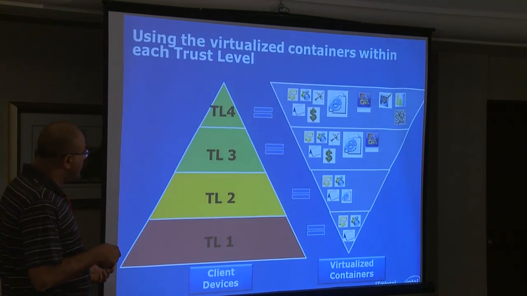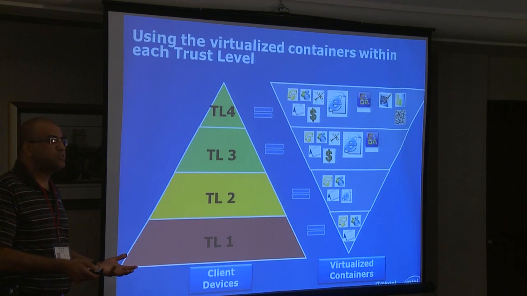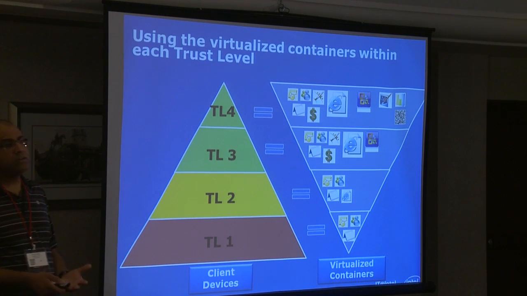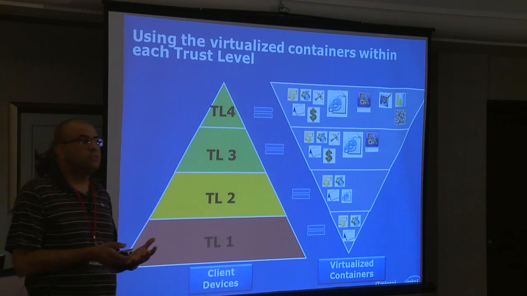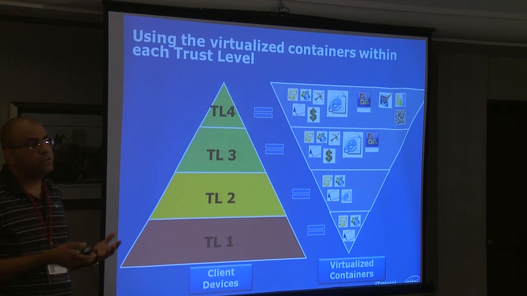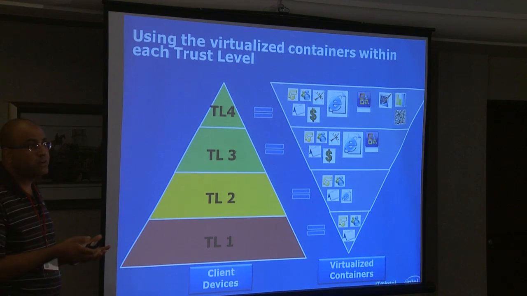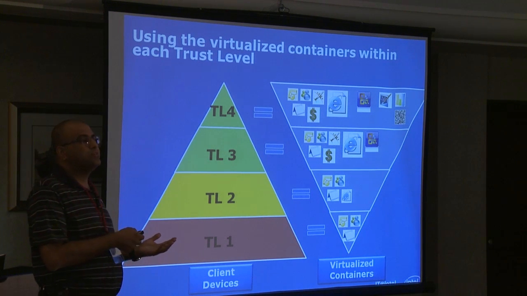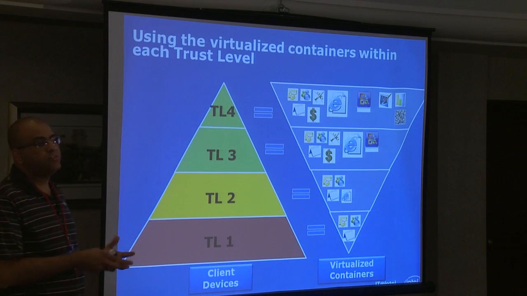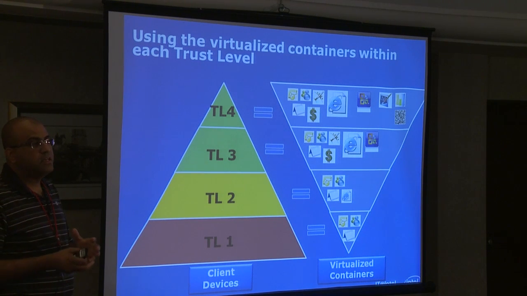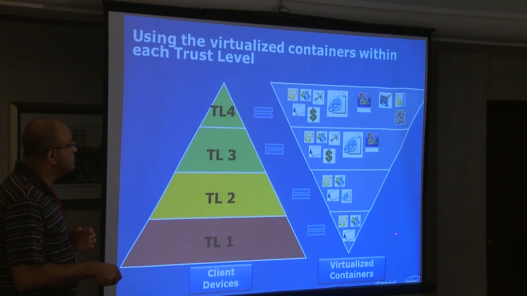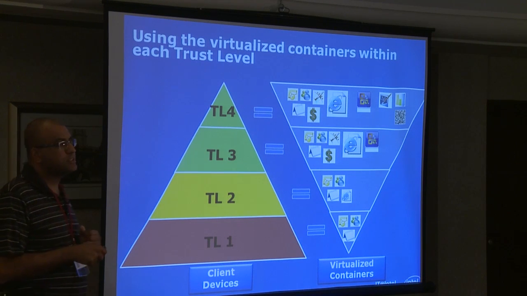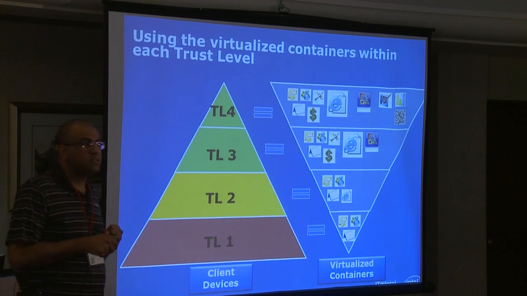And how does virtualization help in this trust level model? Because we have abstracted the layers, the different components of the virtual workspace, based on the dynamic calculation of the trust level, we can now give the right set of services, either a limited set of services or a full-blown set of services to the device.